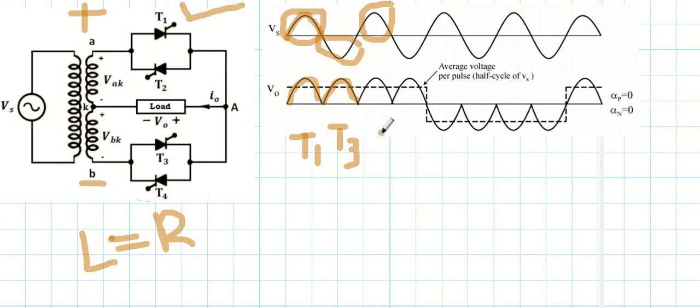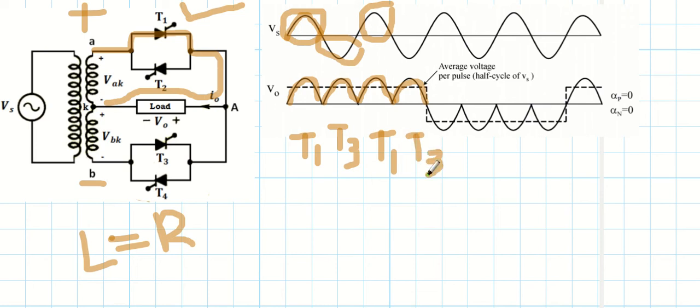We will apply again the gate pulse at T1, like this one, and we will have a positive pulse because due to thyristor T1, the current will enter from the positive terminal of the load. Okay, and again, this last one will be due to thyristor T3.